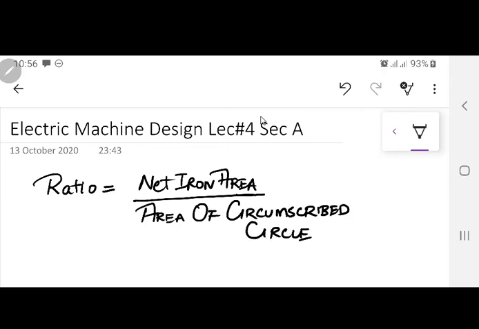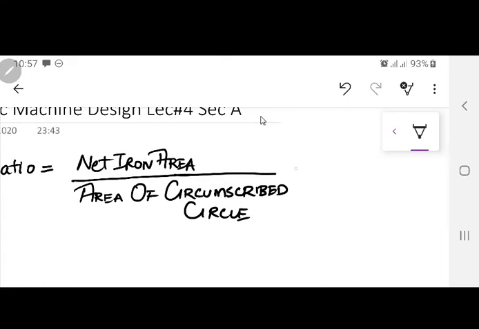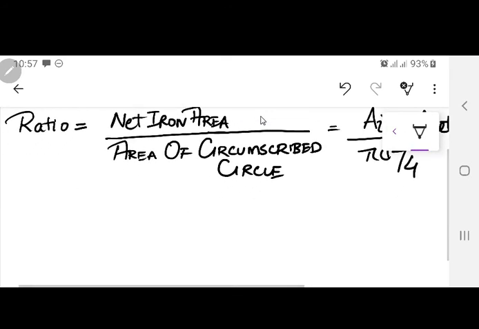Now, what was net iron area in variable form? This net iron area was equal to AI or A net, and in the denominator you had pi d square by 4. This was either AI or A net, whatever variable you want to use is totally up to you. Now, there is another ratio which is depicted in this table.